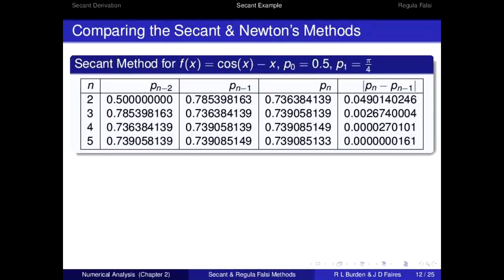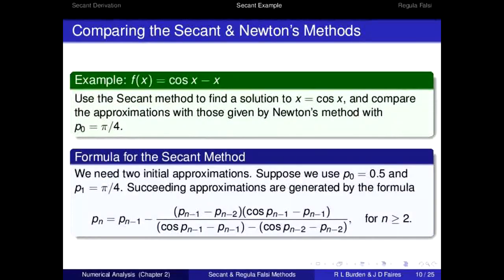F of P0 is minus 0.078 and so on, and you can work to a tolerance of 4 decimal places. The example is given to 8 decimal places, so almost 4 decimal places are enough. I use this for the secant method table.